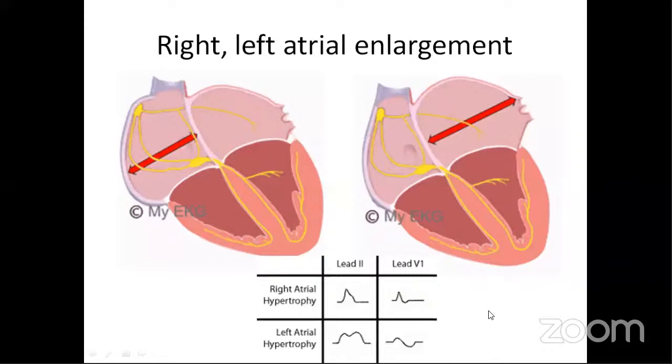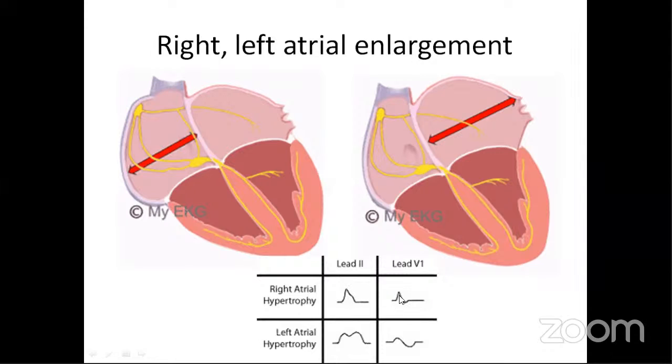That is the anatomical picture, and below it you can see the impact on ECG. While taking ECG at lead 2, if there is right atrial hypertrophy, this is the waveform, and there is a notch.